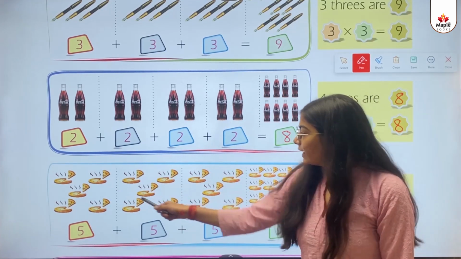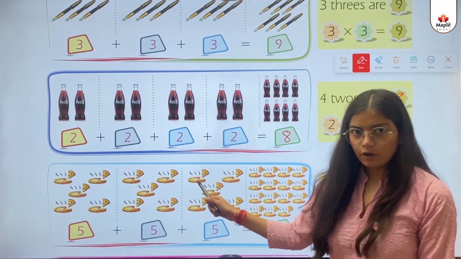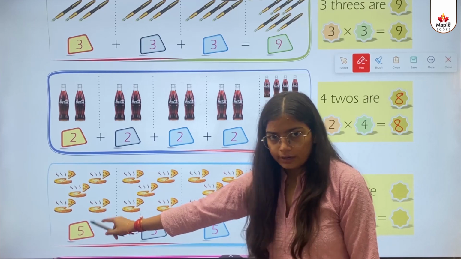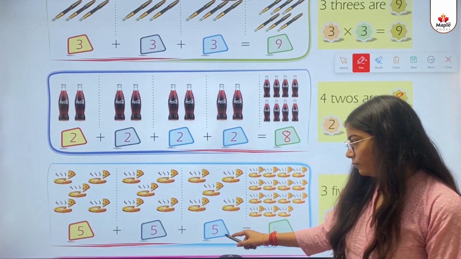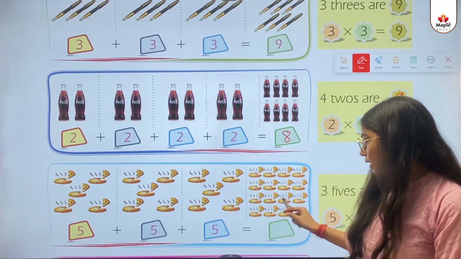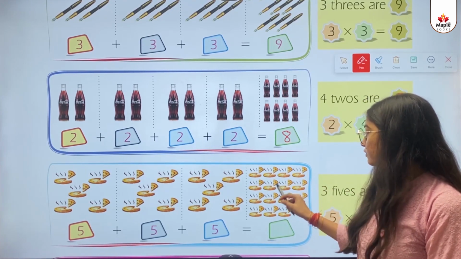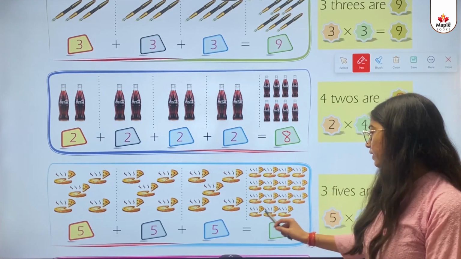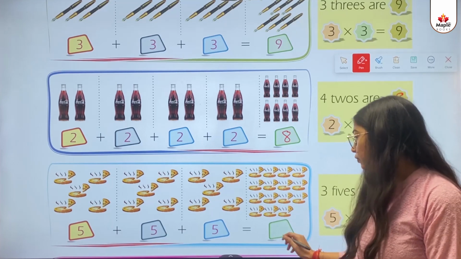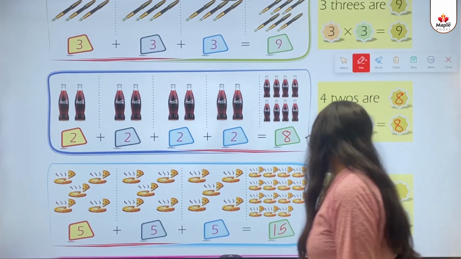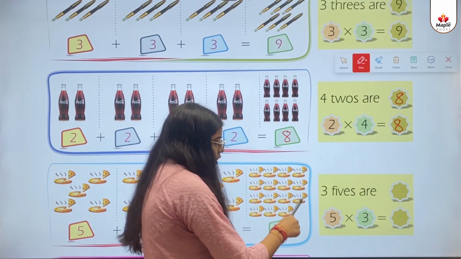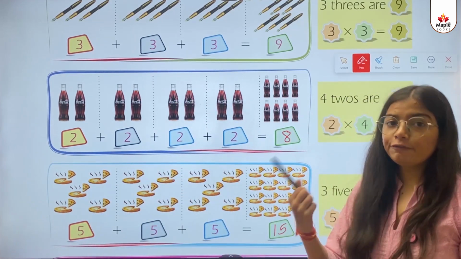So kids, in the next part, these are the pictures of pizzas, right? There are 5 pizzas written already, 5 pizzas, 5 pizzas. Then we are doing an addition here. Then we'll count 1, 2, 3, 4, 5, 6, 7, 8, 9, 10, 11, 12, 13, 14, 15. So, we are getting in total 15. So, we'll write here 15. Then, what is asked in the question? 5 into 3 or 5 threes are 15.